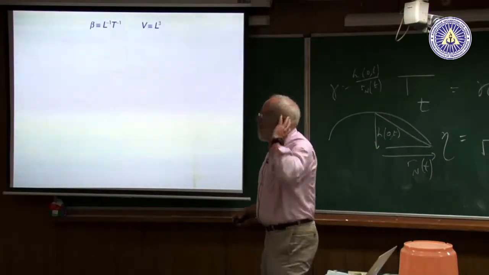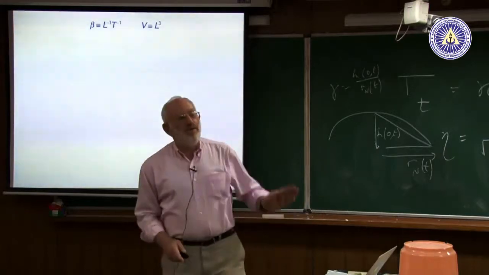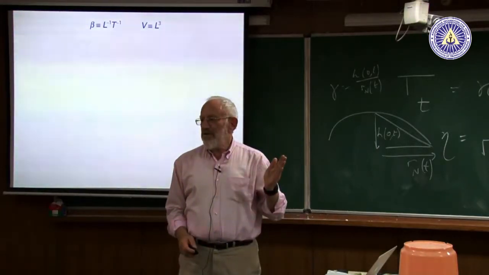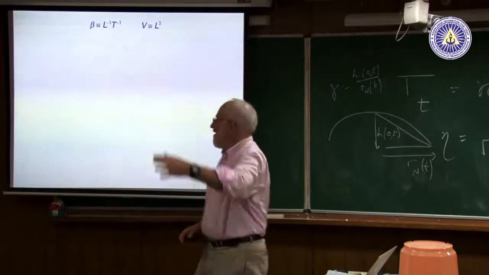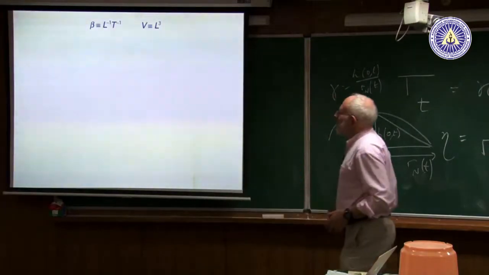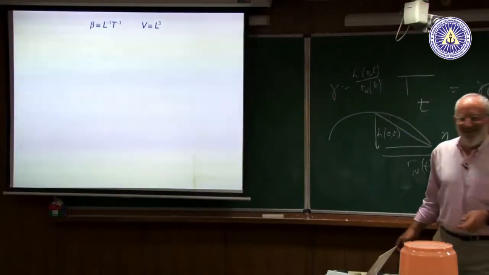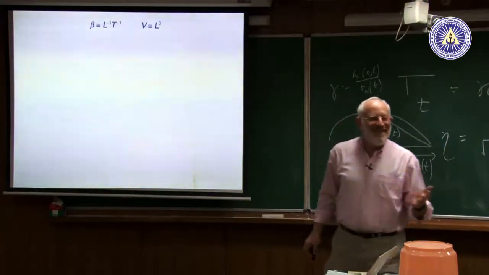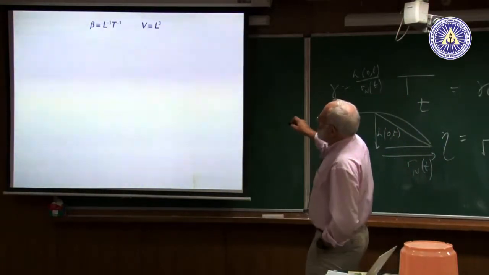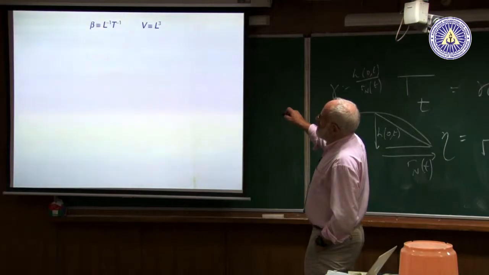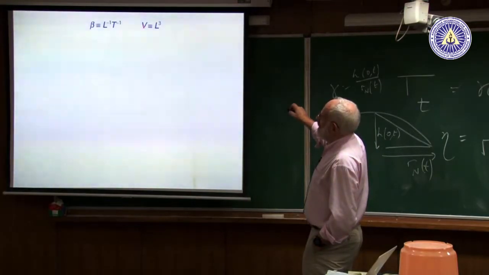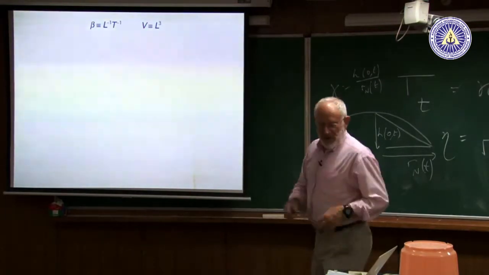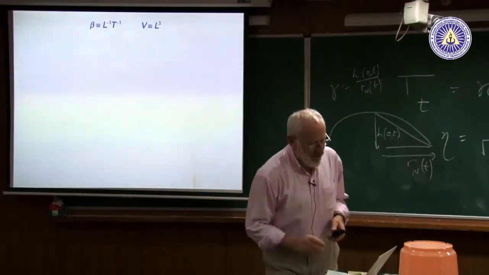Now, how will we work this out? And with no apology whatsoever, guess what I'm going to use? Dimensional analysis. And it's going to work, Ishan. Otherwise I wouldn't give the seminar. You have beta, which has dimensions L to the minus 1, T to the minus 1, and the volume, which has dimensions L cubed.